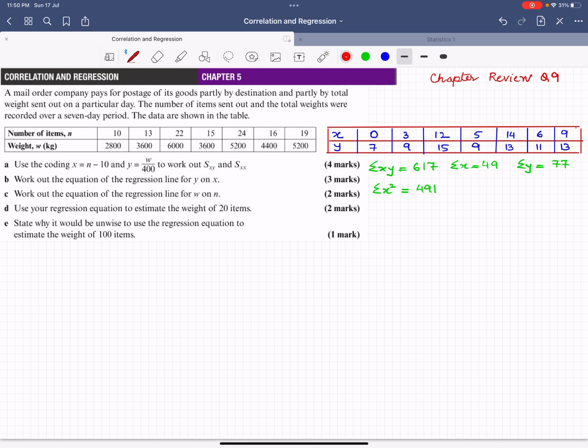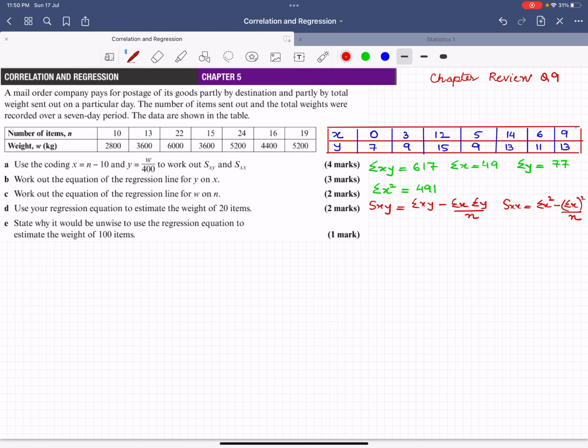So we know the formula for Sxy. Sxy is equal to sigma xy minus sigma x into sigma y divided by n, and Sxx is equal to sigma x squared minus sigma x the whole squared divided by n.